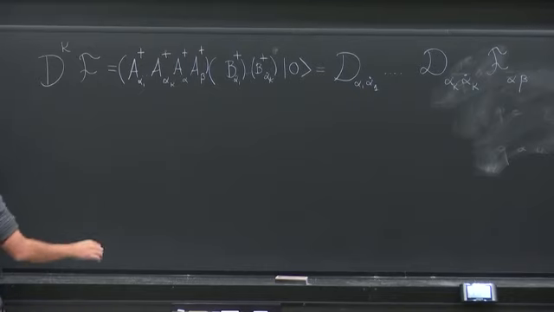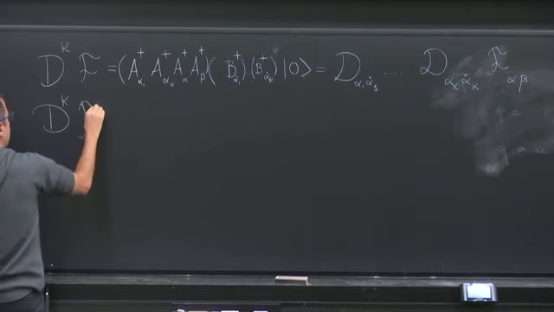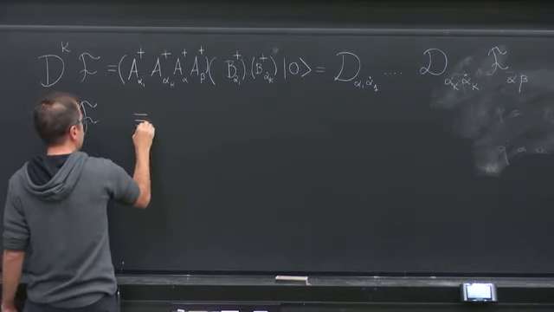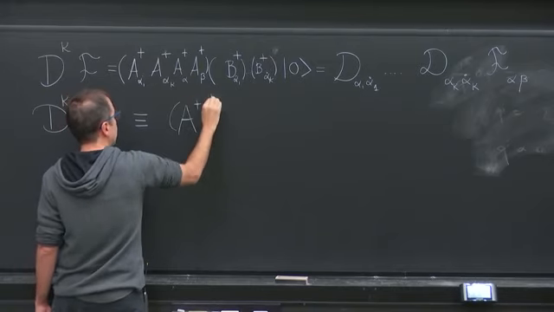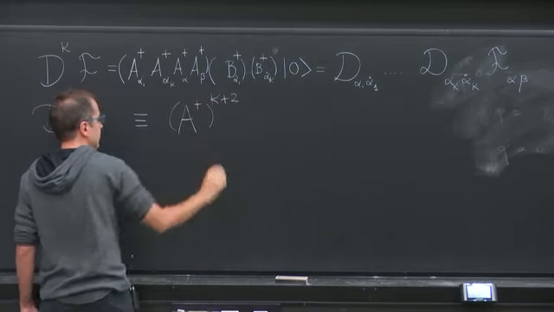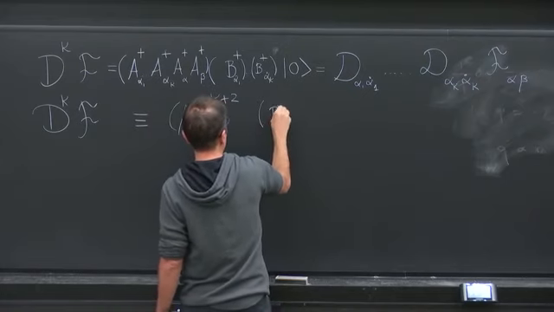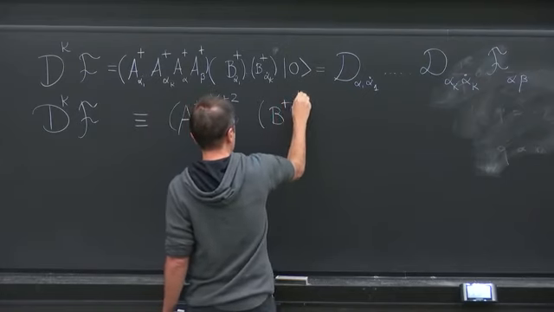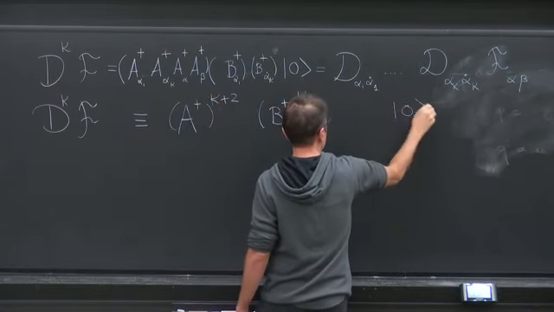And so I think of my operator, D to the k of F, as I create k plus 2 indices of type alpha, and then I create k indices of type alpha dot, and this acts on the vacuum.